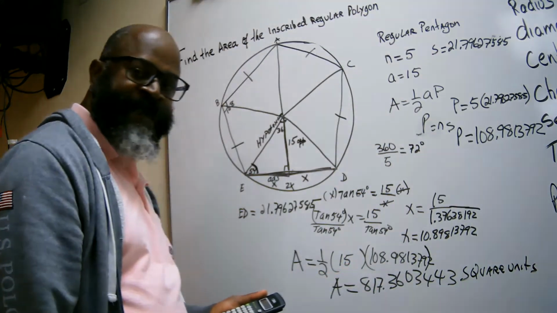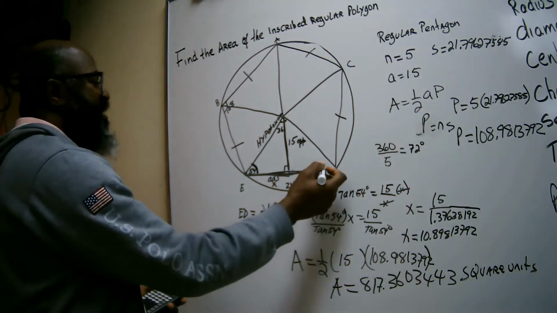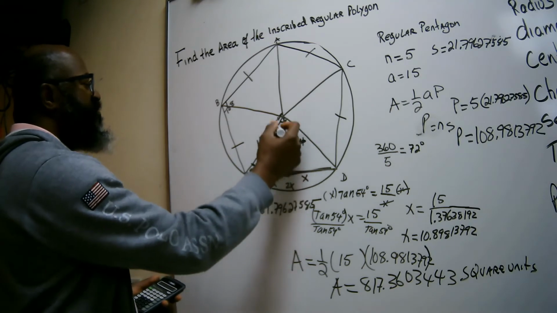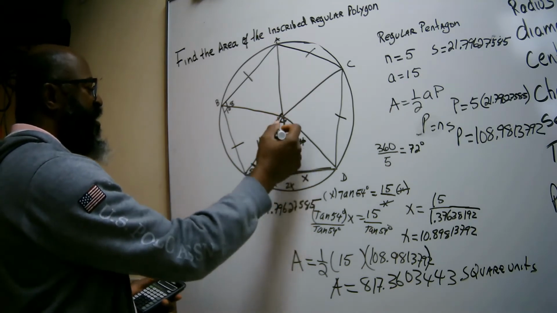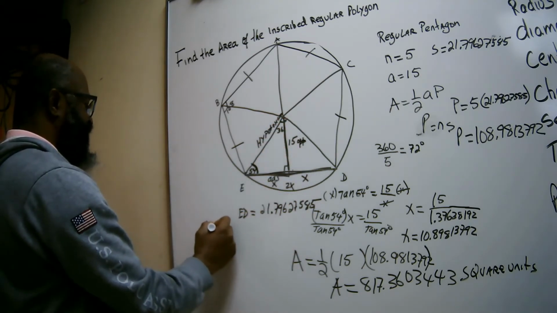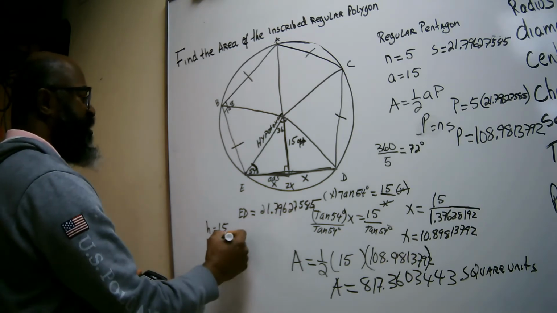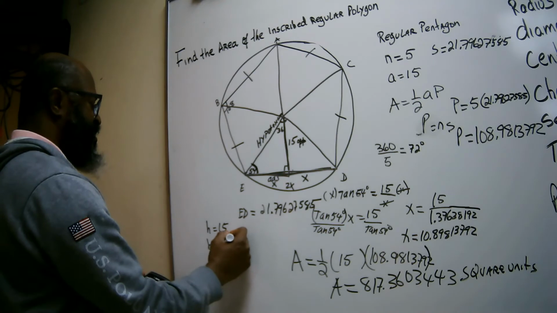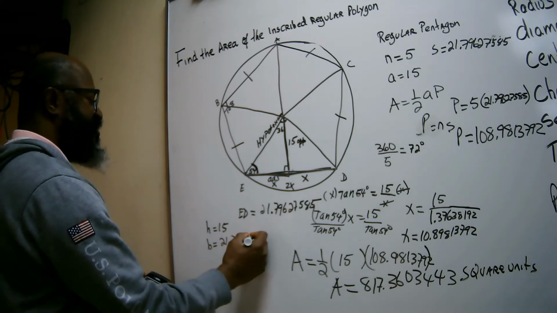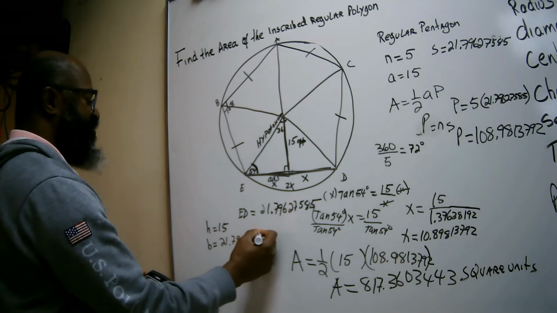That's one way. The other way, since I have 5 of them, this is my height. My height is 15. My base is 21.79627585.